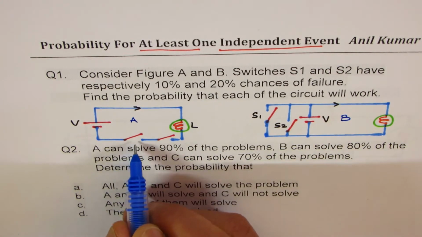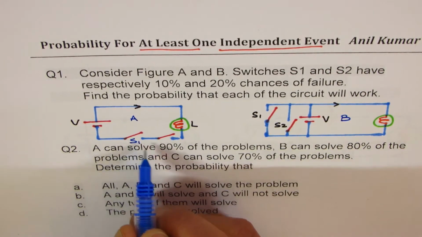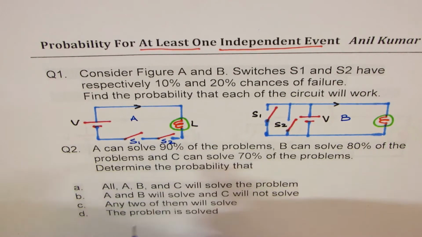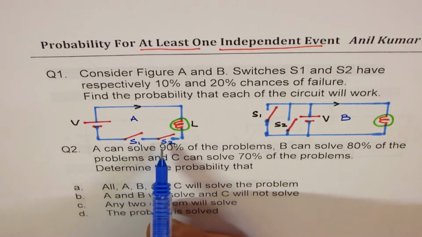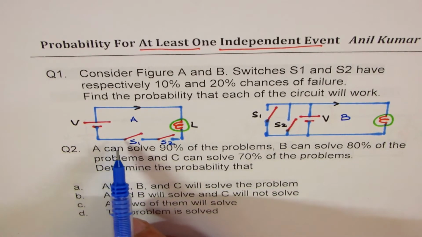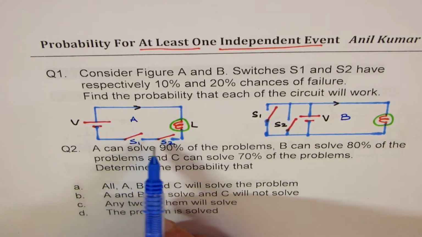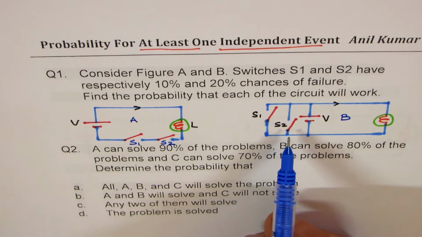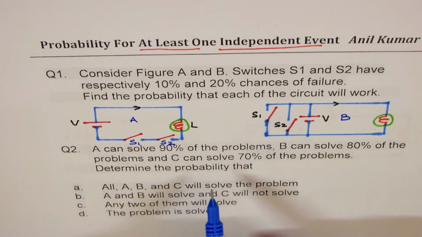So these switches, which we'll call S1 and S2, are the two switches in both cases. In the first case, we have put them in series, and in the second case, we have put them in parallel.